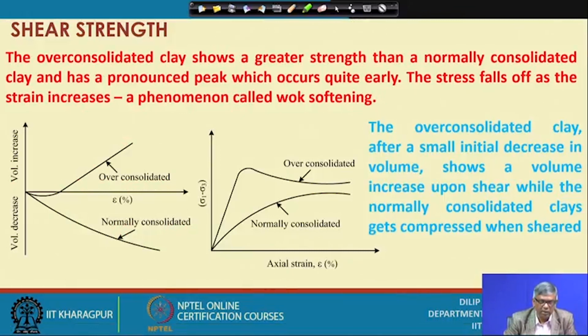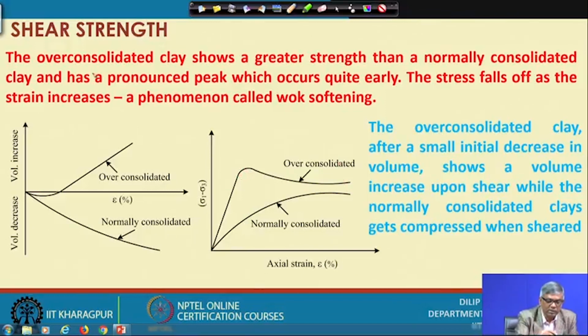Now, as I have mentioned at the beginning, normally consolidated and over consolidated. You can see here, when you test normally consolidated soil, axial strain versus shear stress will be a continuous increase of stress with the increase of strain, and it will reach a peak and then it may keep constant or decrease a little, whereas for over consolidated clay the stress will increase sharply with the increase of strain, reach a peak value and then go down.